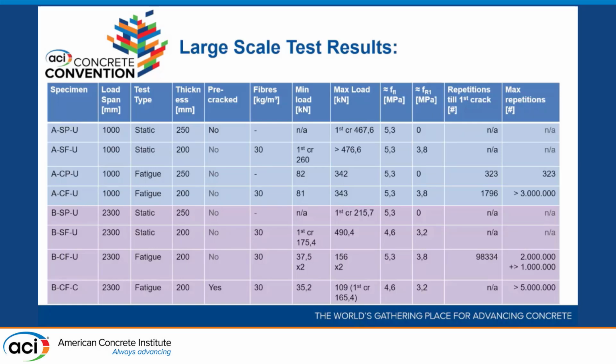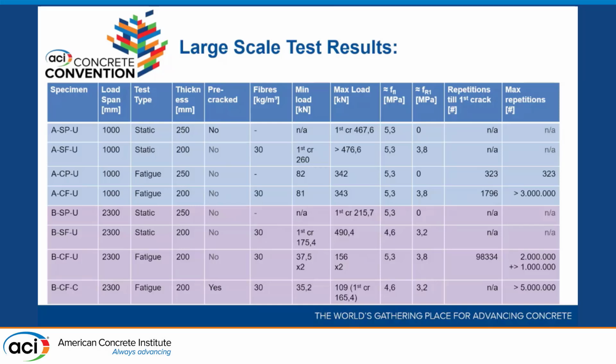These are the results of the large scale test, the slab that I mentioned before. I'll isolate this one here in a moment and run through 3 million cycles. This means that we ran the test to 3 million cycles and then stopped, but the section did not exceed its capacity.